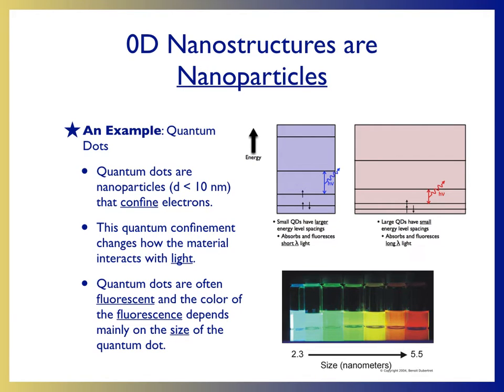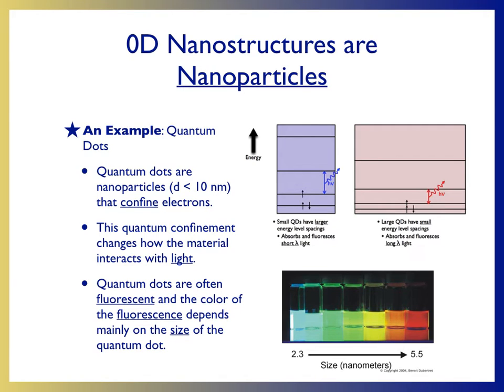This means that when the particle absorbs ultraviolet light from the black light and then fluoresces the light as the electron falls from a higher energy level to a lower energy level, that photon of light will tend to have a shorter wavelength or higher energy.